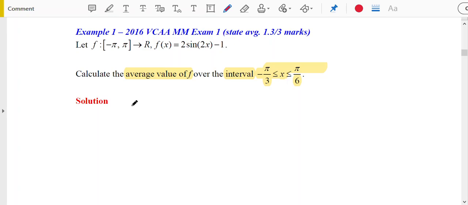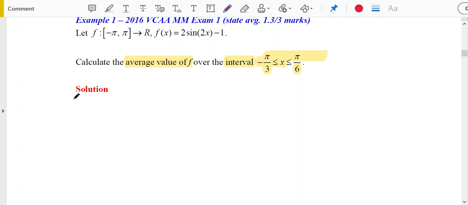Okay, so the average value, which I'm just going to call AV, equals 1 divided by b minus a. Now that's our interval. So b is pi over 6, take away the a, which is minus pi over 3.